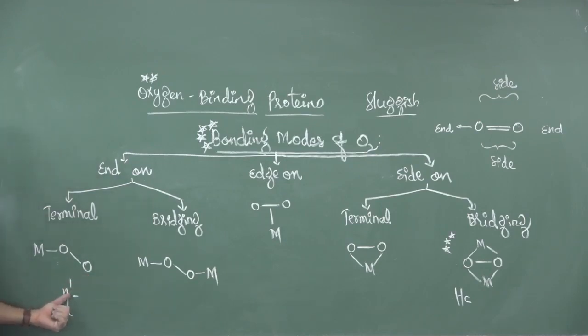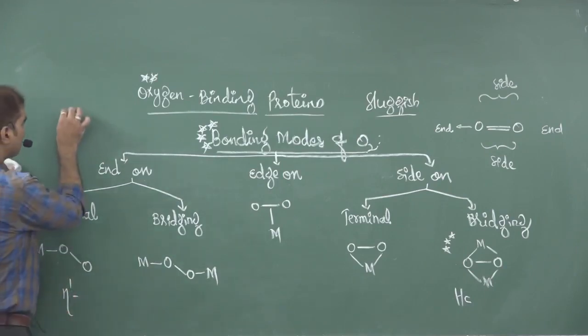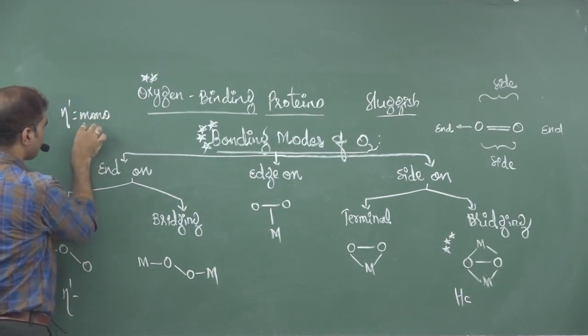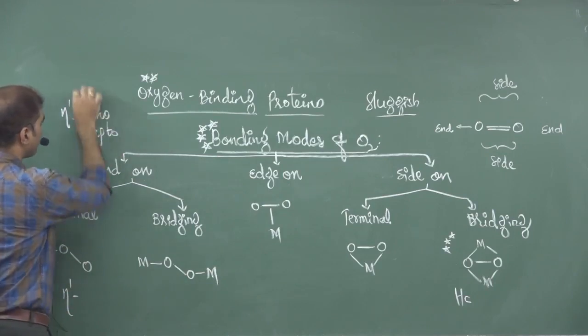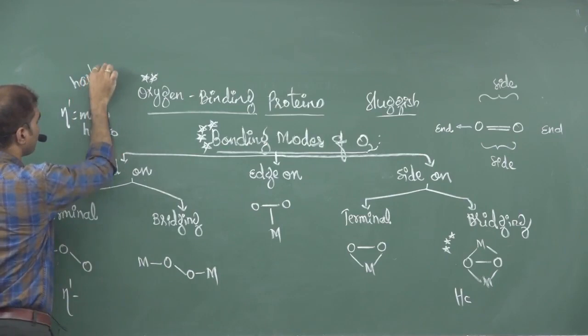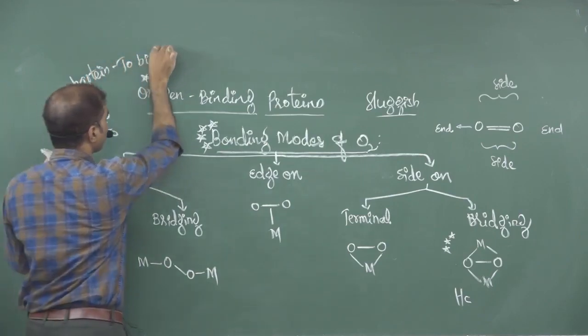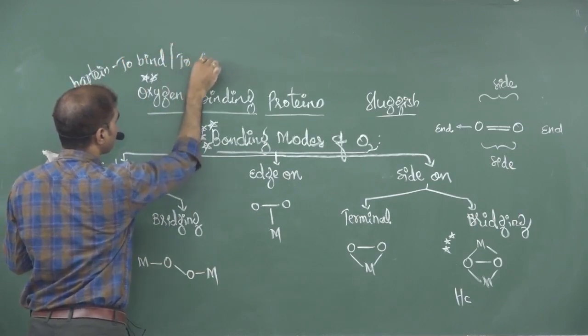This is called eta 1. Eta 1 means with respect to the ligand, it is called monohapto. Hapto means to bind or to fasten.